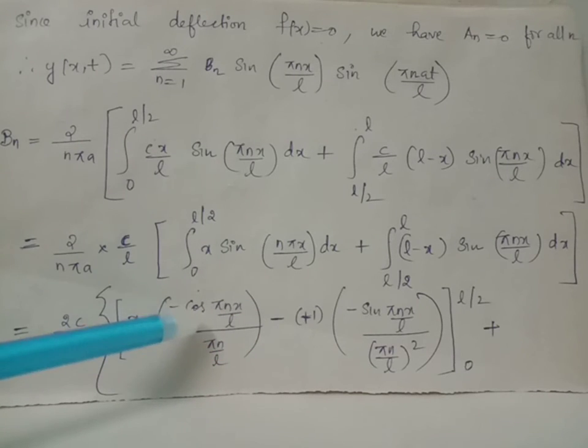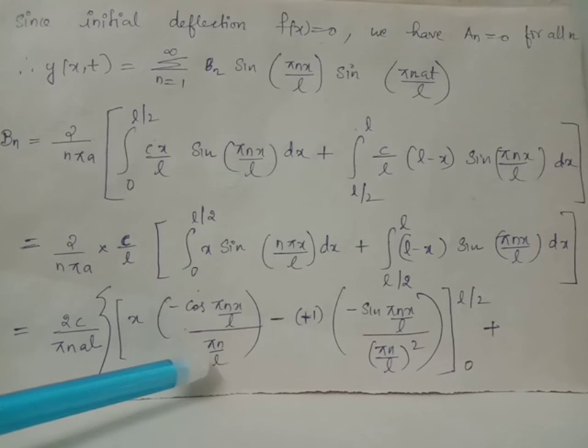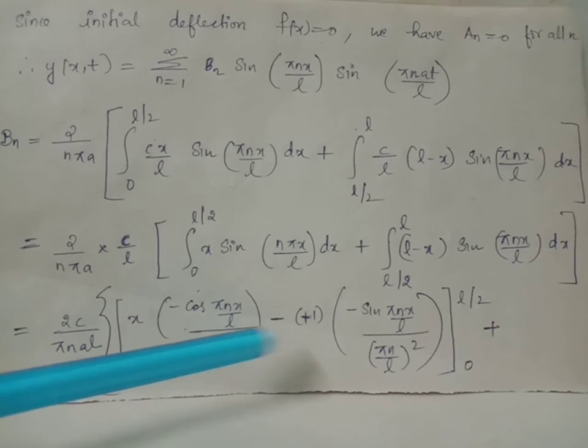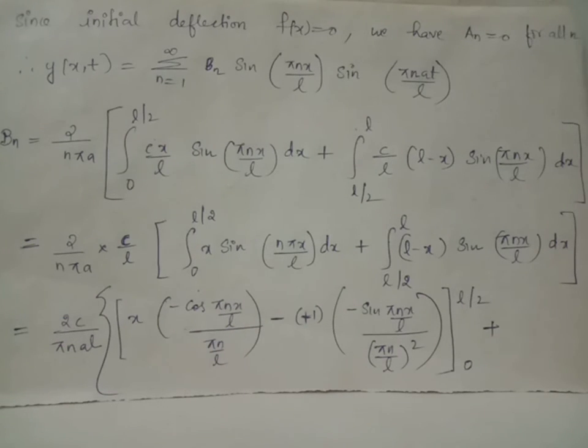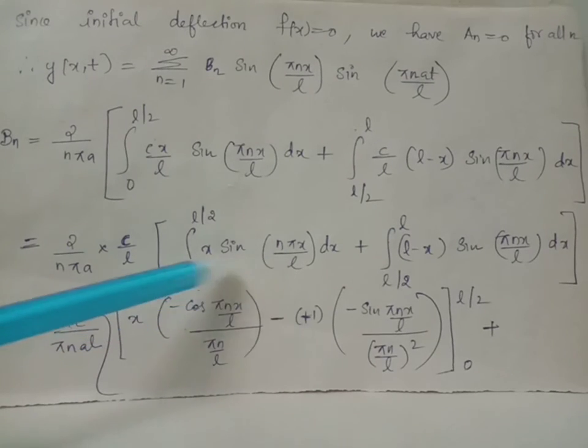Integral of negative cos pi n x by L upon pi n by L is obtained as negative sin pi n x by L divided by pi n by L whole square, because integral of cos pi n x by L equals sin pi n x by L divided by pi n by L. Along with, we multiply this negative sign and pi n by L which appears in the denominator, and hence we get this term. Next time when you take derivative of first function, it becomes 0, and you can stop integration by parts applicable for this integration.